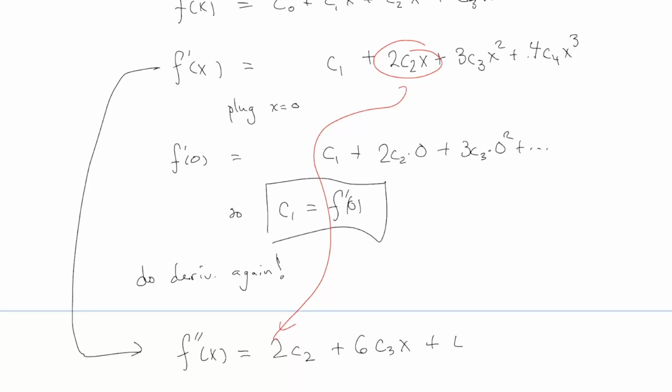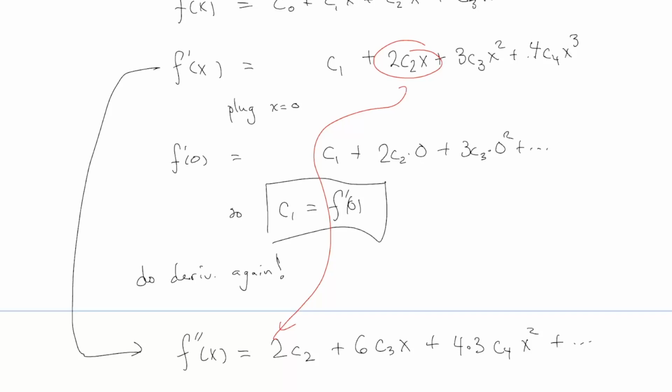I'm going to be a little suggestive again here. Rather than writing the 12, I'm going to write it as 4 times 3 for reasons that you'll see in a moment. All right. Anyway, that's the second derivative.